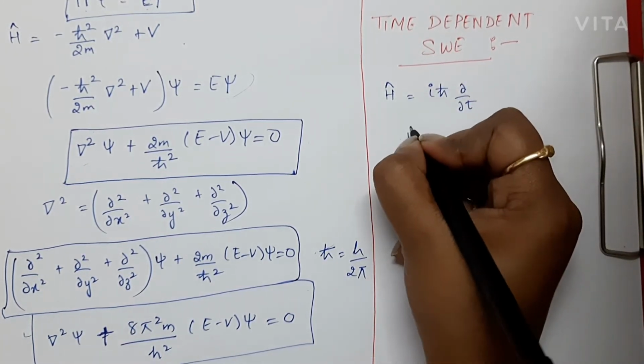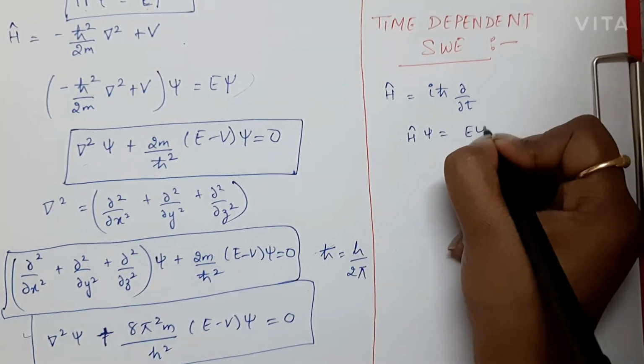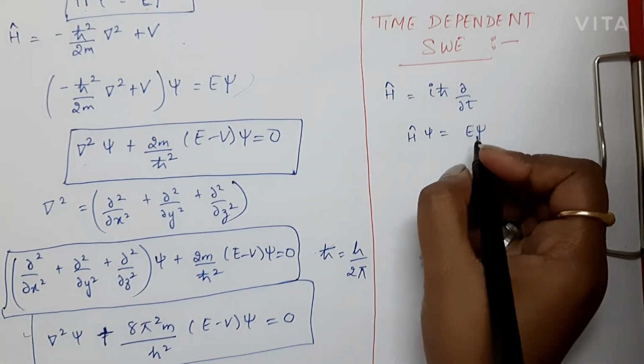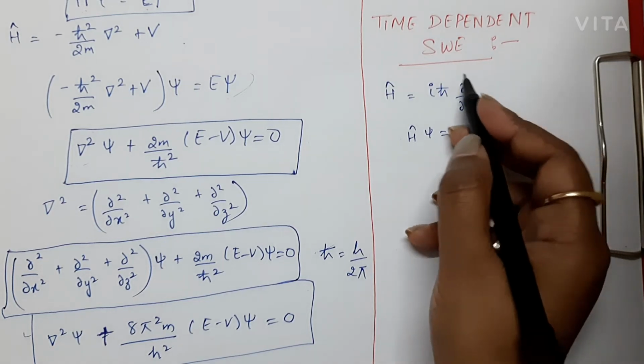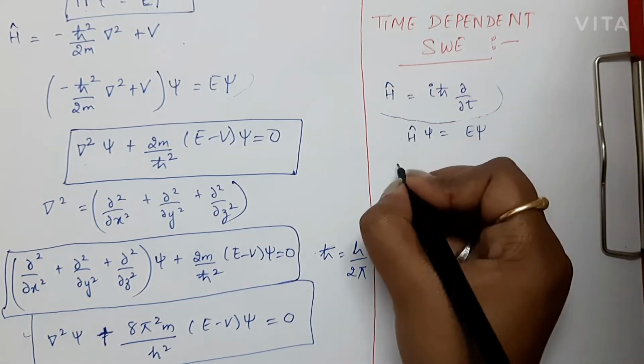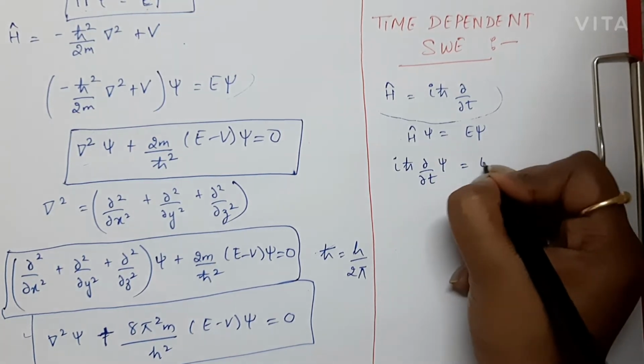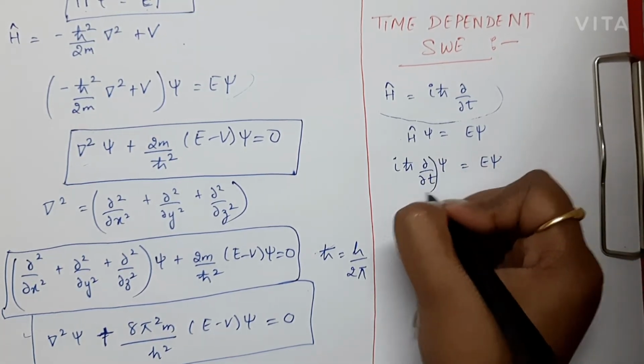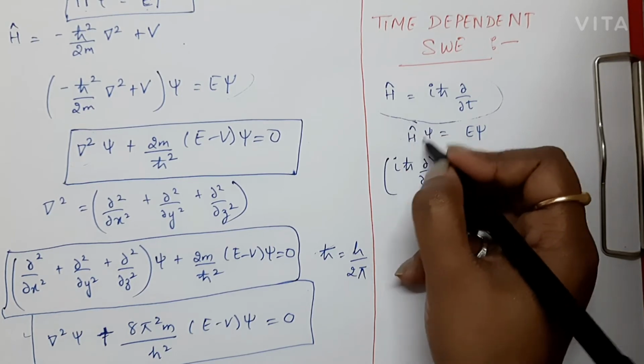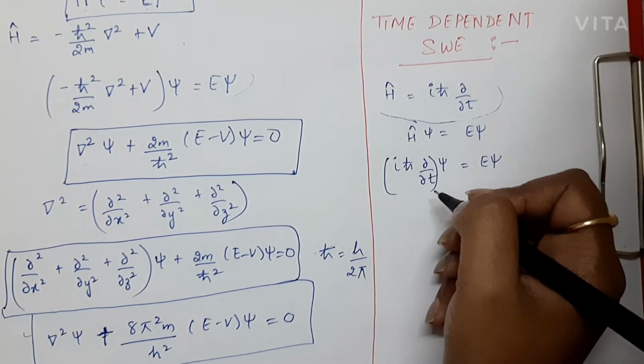So we will have this equation just like in the previous case, H psi equals E psi. In this case we are going to put the value of the Hamiltonian as this one. So it will be i h cross del by del t psi equals E psi. I have just substituted the value of this Hamiltonian here.